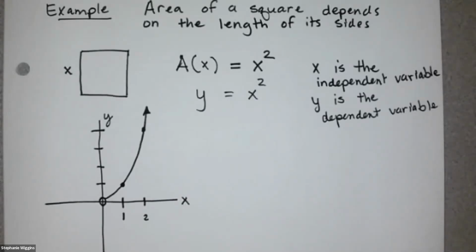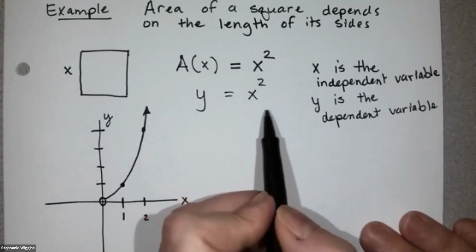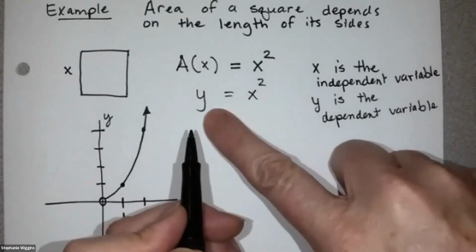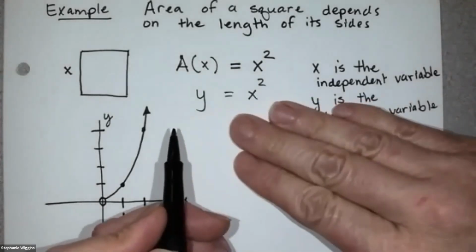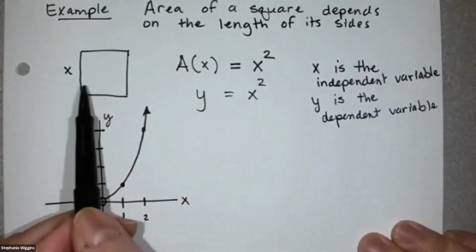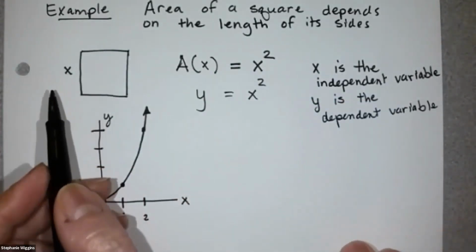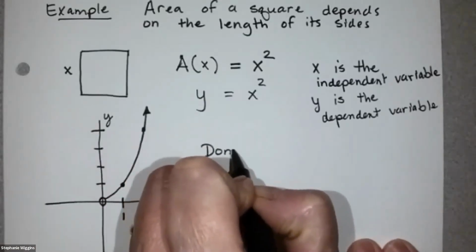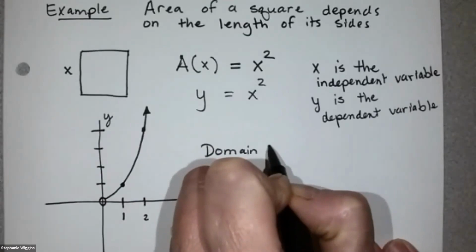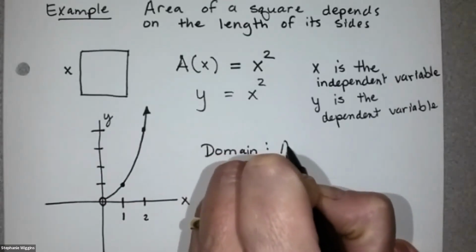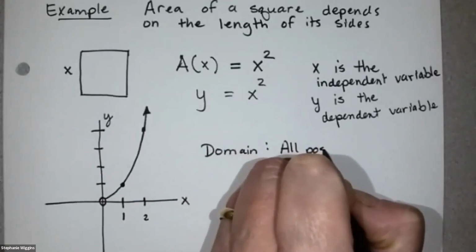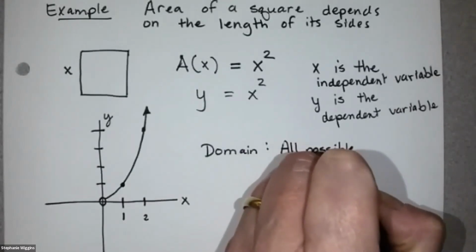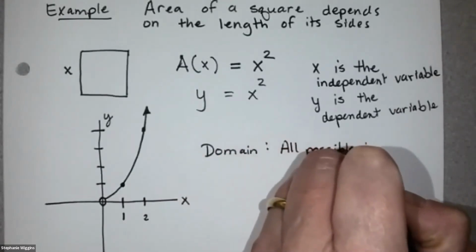Now, because our area or the length of our side is positive, we have to restrict the domain. This is a polynomial, and normally the domain, just standing alone, would be all real numbers. But because we're talking about a square with length x for its side, the domain, which is all possible input, is the set of all x.